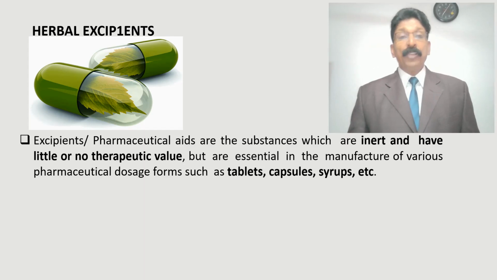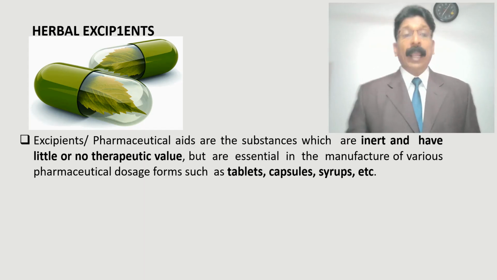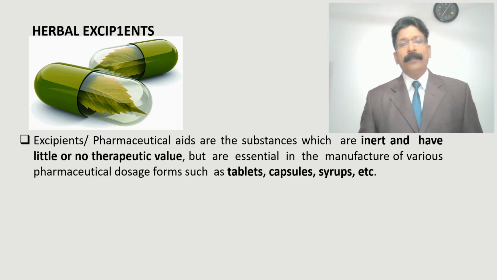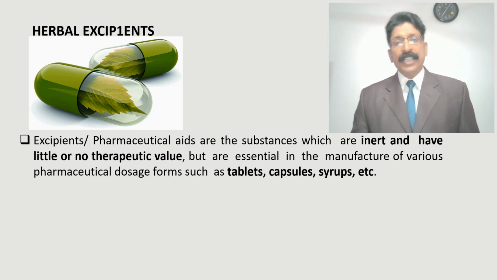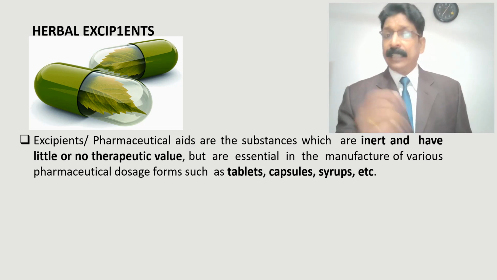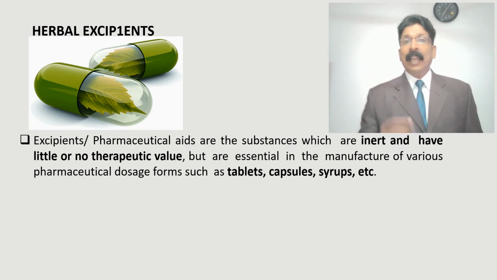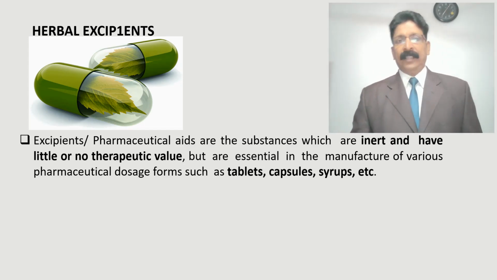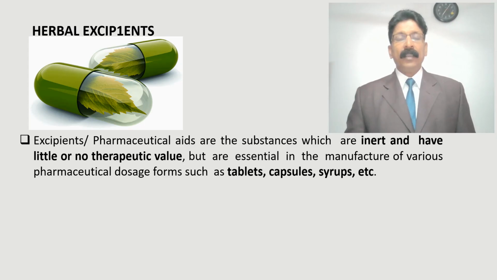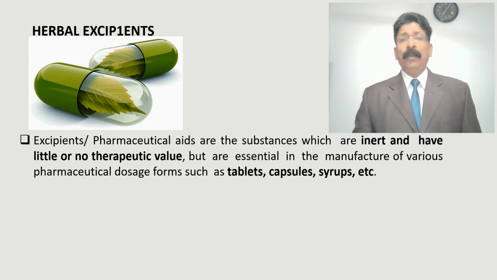We used to say it's used as a pharmaceutical aid. Excipients, also called pharmaceutical aids, are substances which are inert and have little or no therapeutic value. They are inert. Mostly they don't have any therapeutic value.